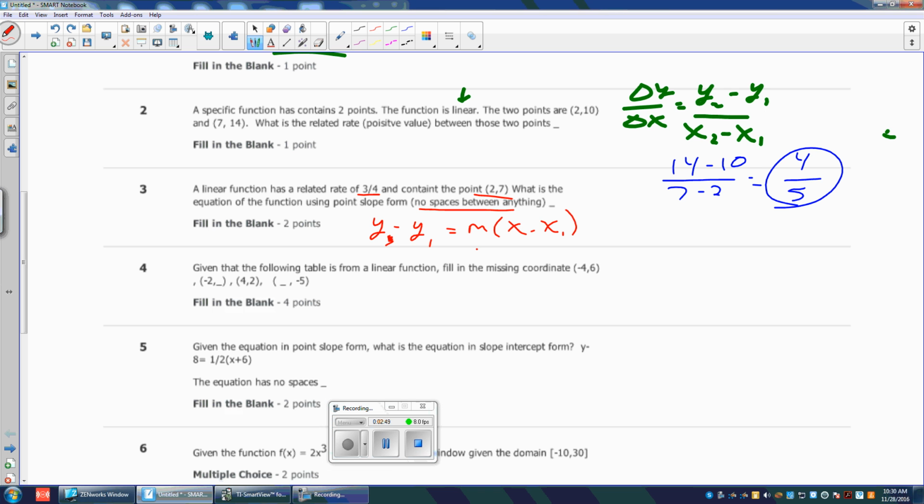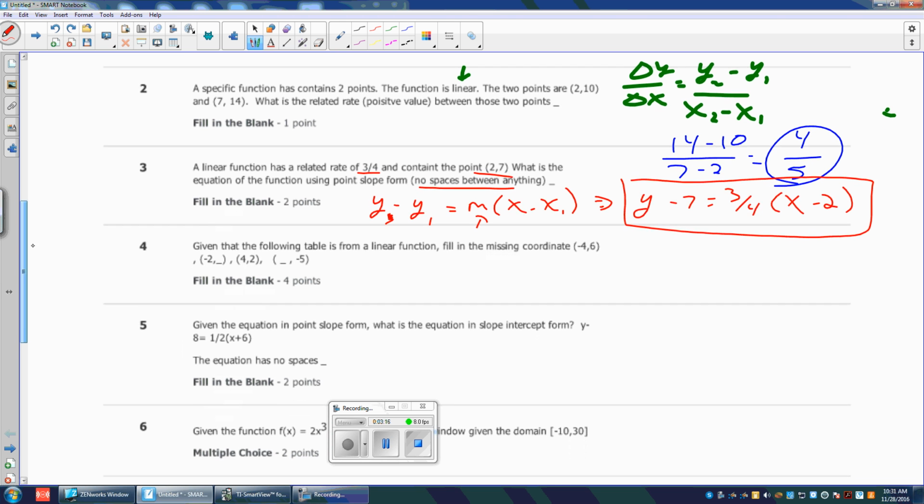We have the m, which is the slope. So the whole thing goes to y minus 7 equals the slope, which is 3/4, times (x minus 2). And there's the equation. So here is the equation in point slope form. If you distribute and combine like terms, you'll have it in slope-intercept form.